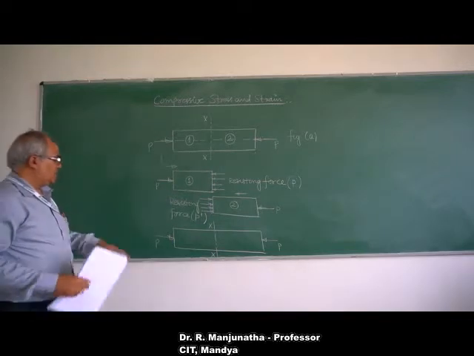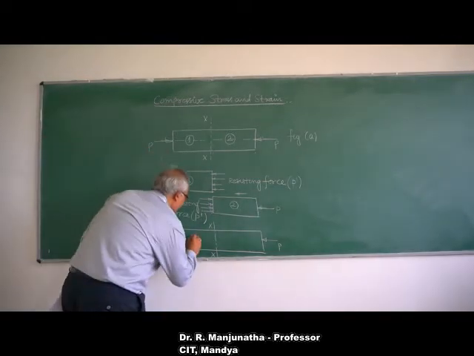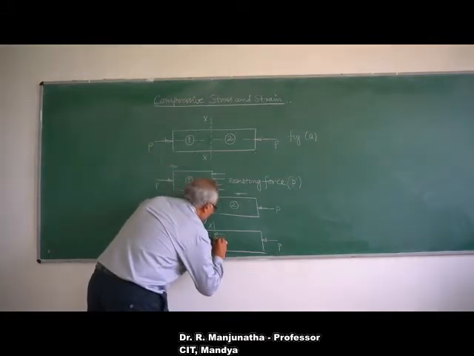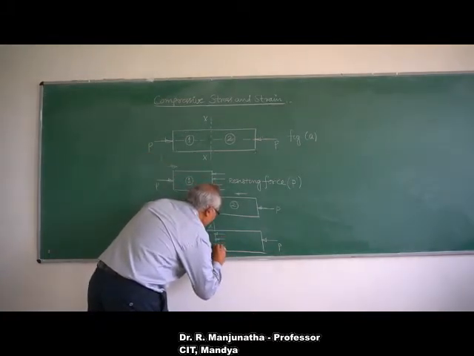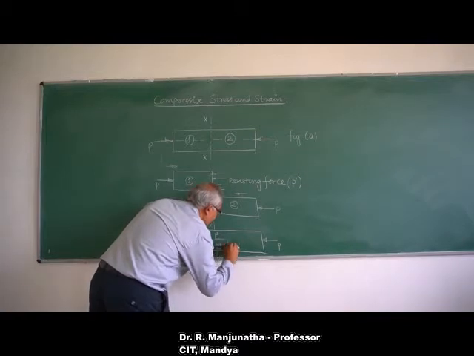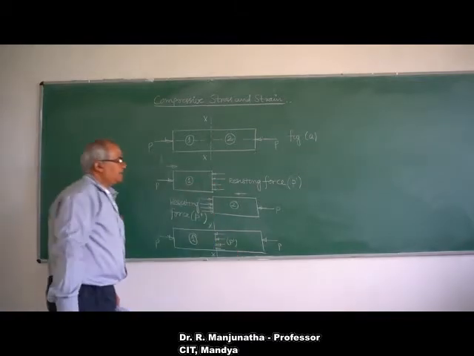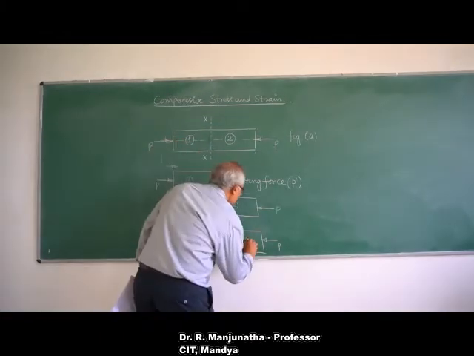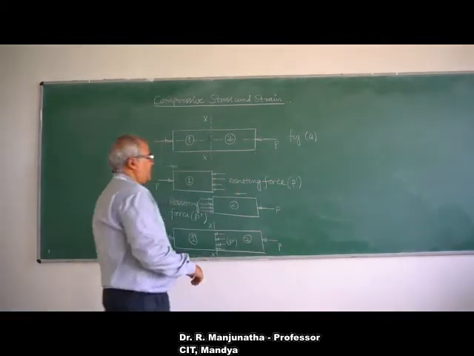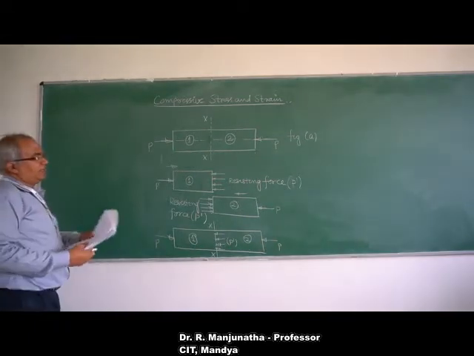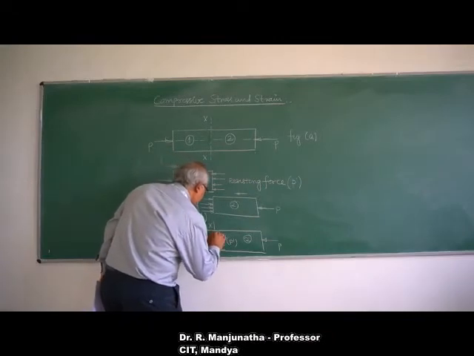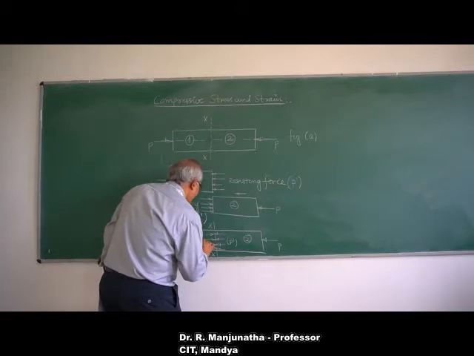Due to this member's load P, we have the resisting force acting in this direction, the resisting force P dash here. Similarly, due to member 2, where the compressive load is applied in this direction, to keep member 2 in equilibrium we have this force acting in this direction, where the magnitude is equal to P dash.